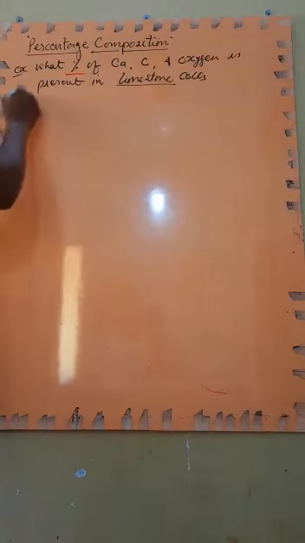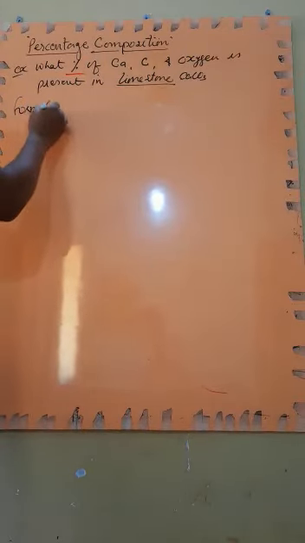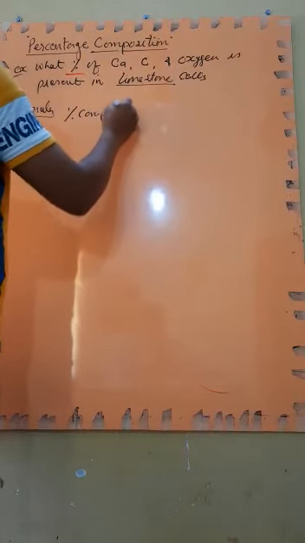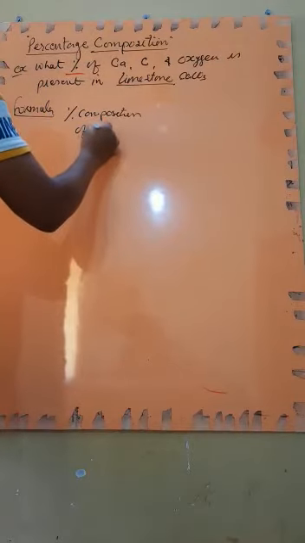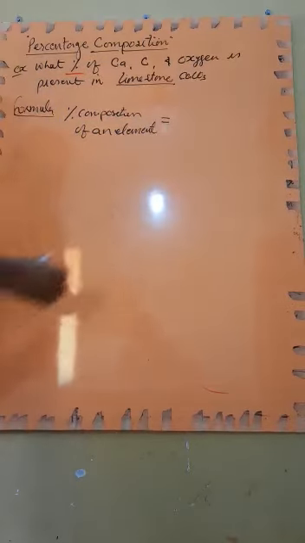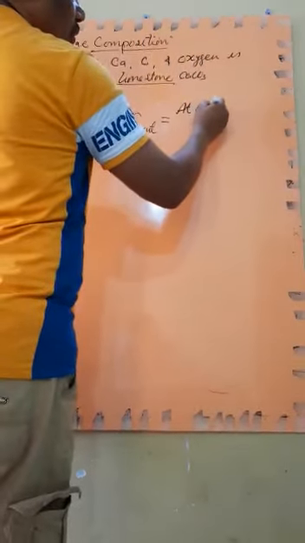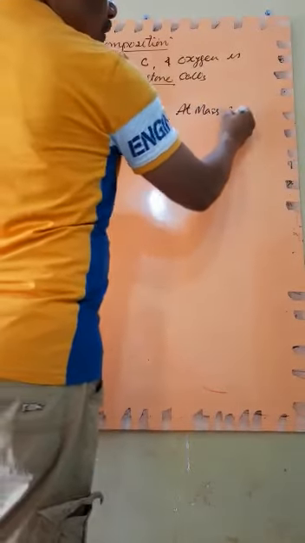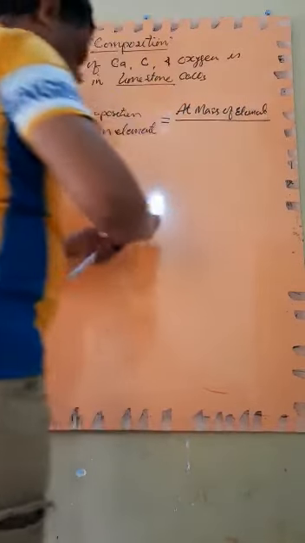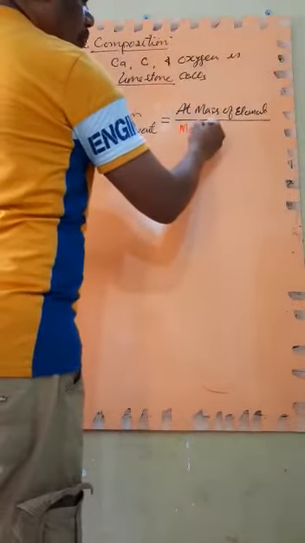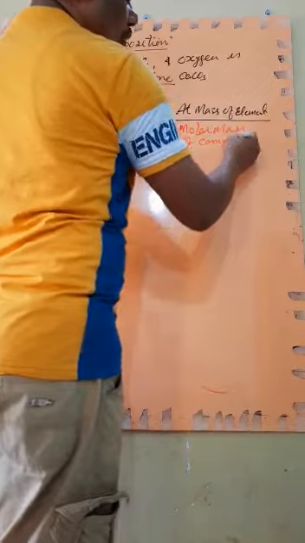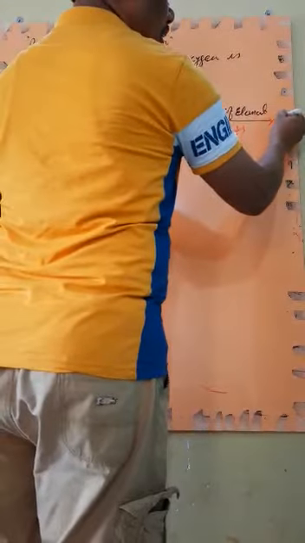So the formula to find percentage composition of an element is equal to the atomic mass of the element divided by the molar mass of the compound, whole multiplied by 100.